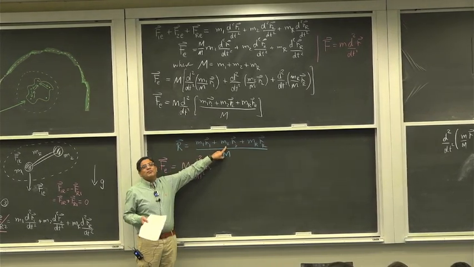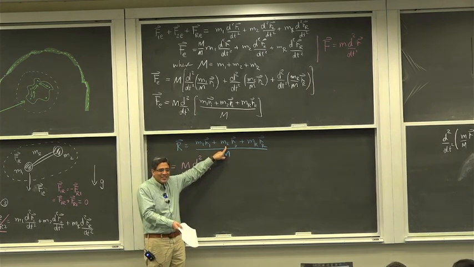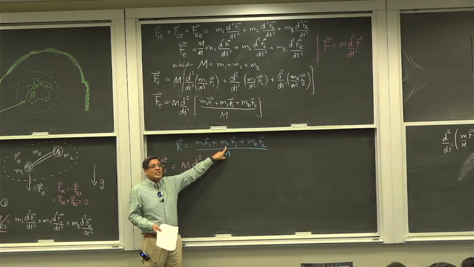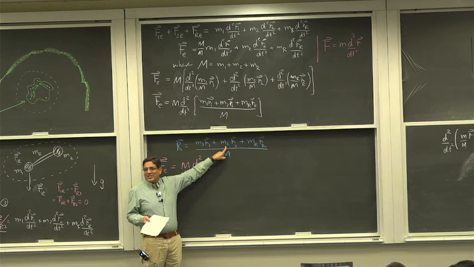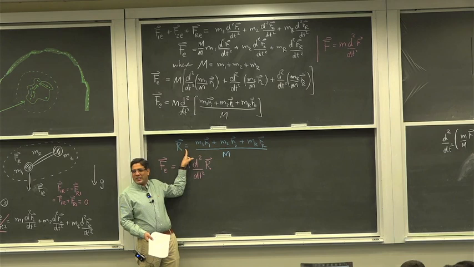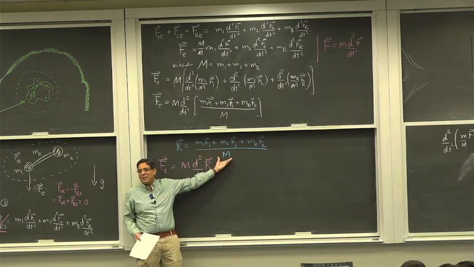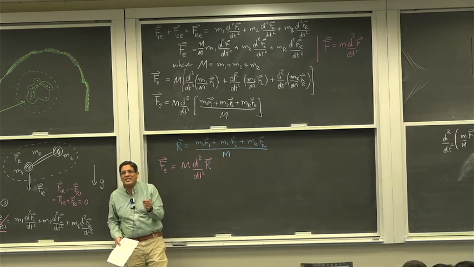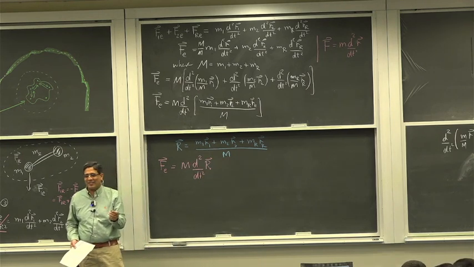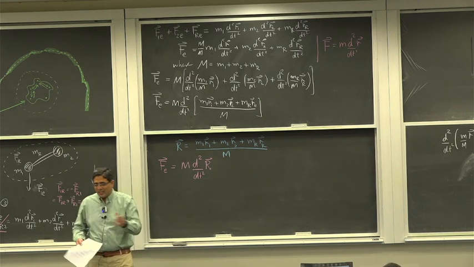Then you take the position vector of the second particle, multiply it with that particle's mass, so that it gets its fair share of physical influence in determining where R would be. And then the same for this, and then you divide the whole thing by the total mass, so that is the mass weighted average position. And that is the center of mass. Another way of looking at it.